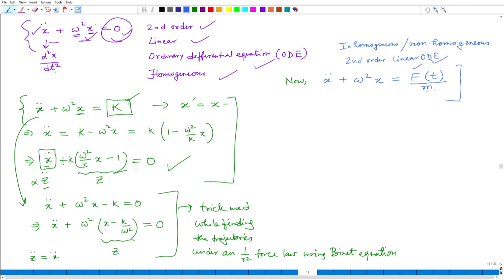Okay. So, you see that here I have a function of t and I have to now find x, so that this equation is satisfied.